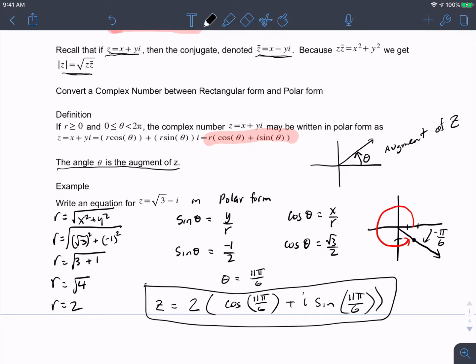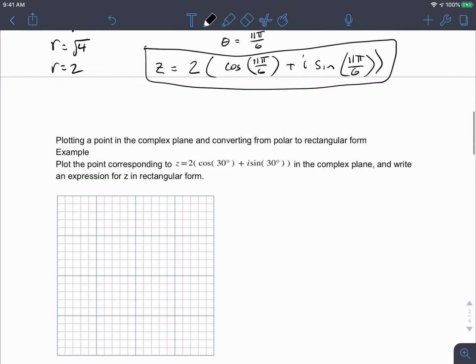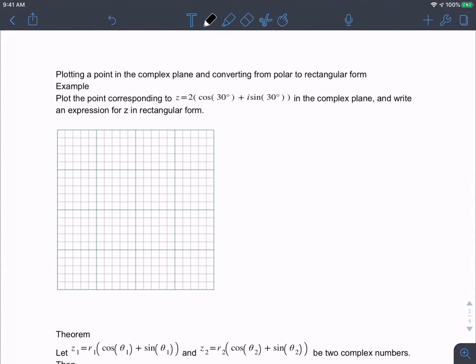All right, let's do another example really quickly. So here we're going to plot this point. From that example that we just had, we know that the formula was r of cosine theta plus i sine theta is the equation for our z. Since we know that, we can see in this example that our r is 2 and our angle theta is 30 degrees.